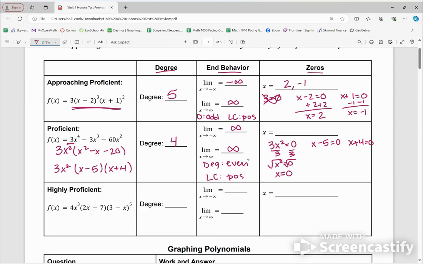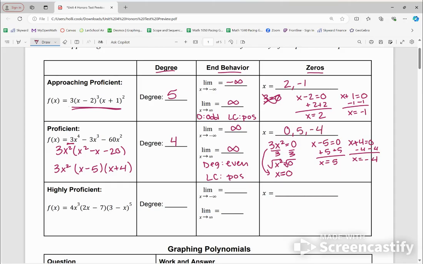And if you want to just jump straight to x equals 0, that's fine. So then let's add 5, and then minus 4. So we have 0, 5, and negative 4 for our zeros.